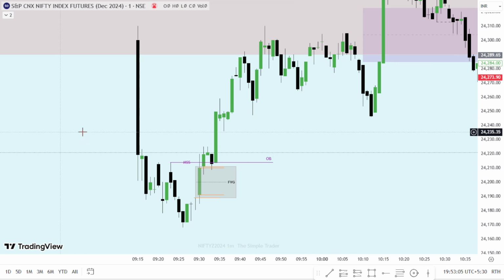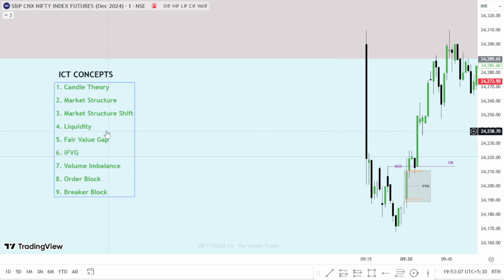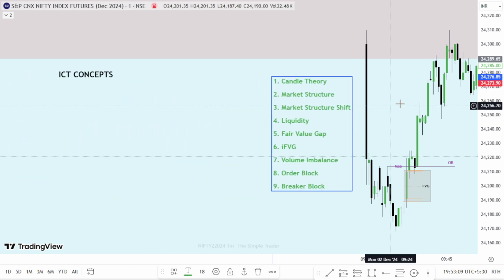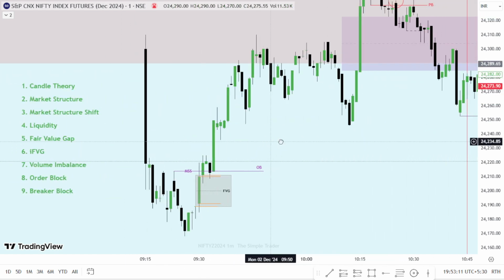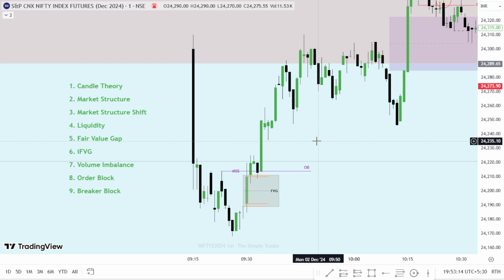Next is, just a second, I'll bring it closer. Next, what is a market structure? When the market is going long, long means upward, a bullish trend, it will keep forming higher highs and higher lows, and vice versa for shorts: lower highs and lower lows will be formed.